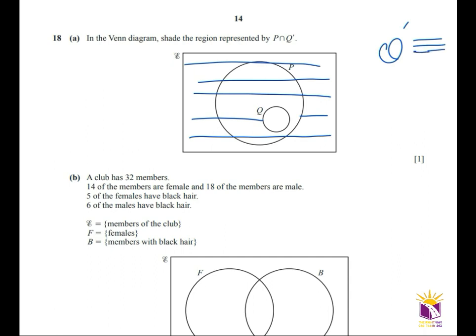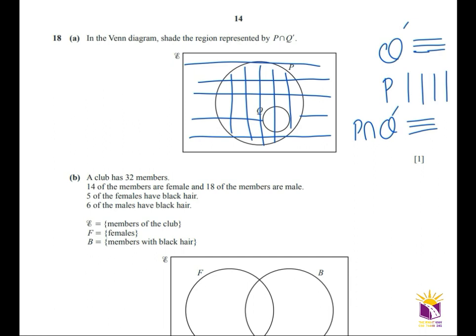Now we are going to represent P with these lines. So P will be like this. For the intersection, P intersection Q complement, we are going to get the lines that are making boxes.